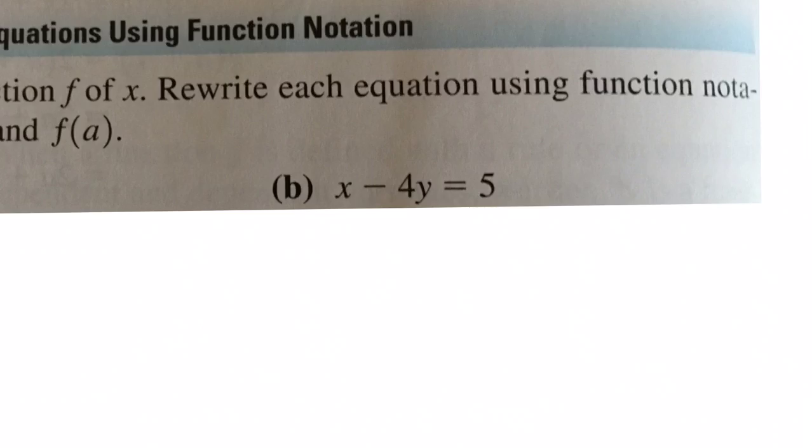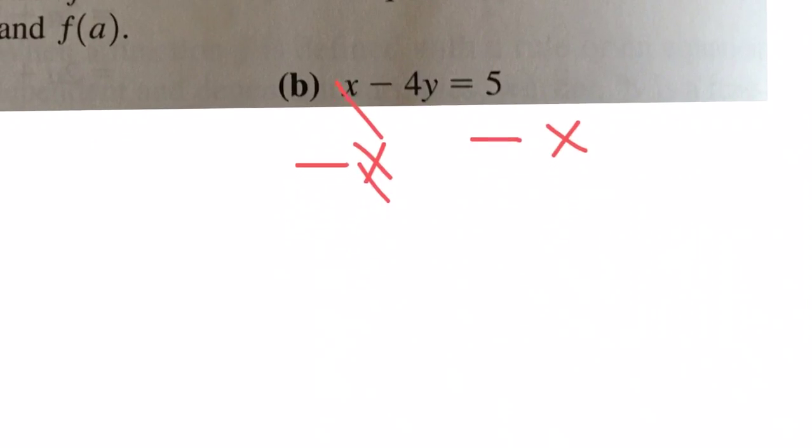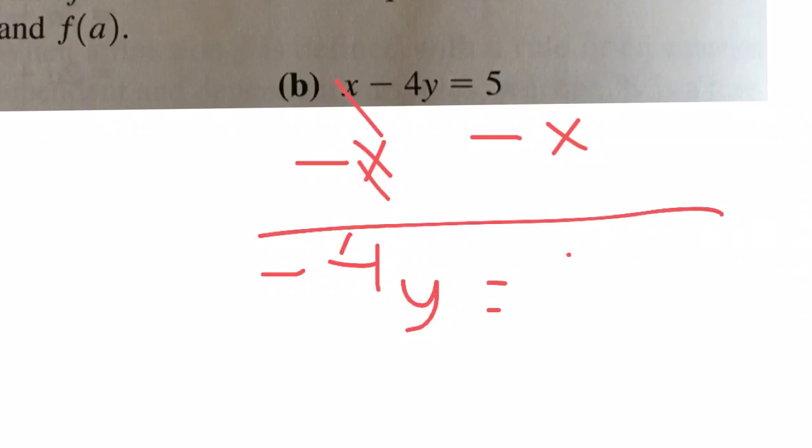And for part B, we need to solve it for y. So let's go ahead and get rid of the x, subtract x from both sides. So you end up with negative 4y equals 5 minus x.